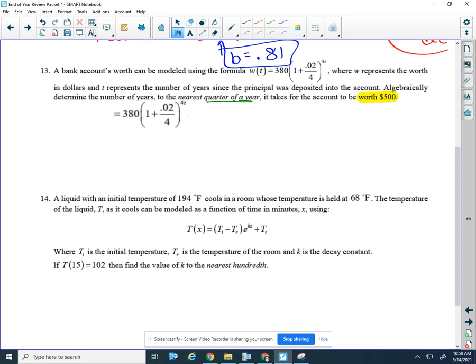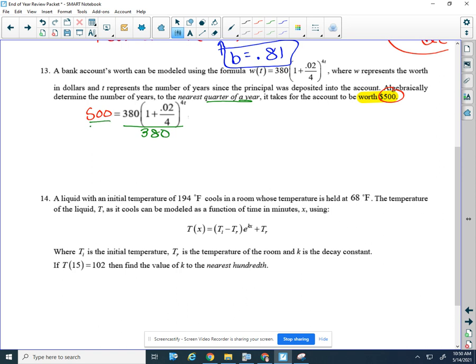Now I copied part of that formula, and they want to know how long it will take for it to be worth $500. So I'm going to put that there. We have to solve for t, where the x is in the exponent, so you know you're going to have to use a logarithm. I'm going to do 2 steps in one line.